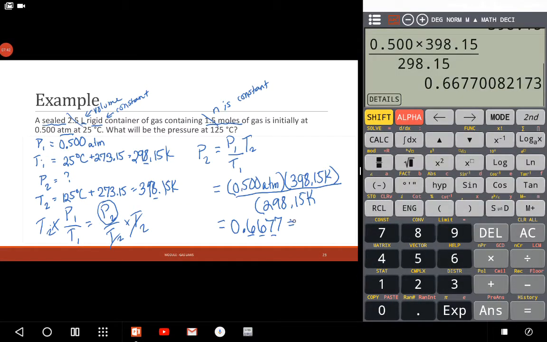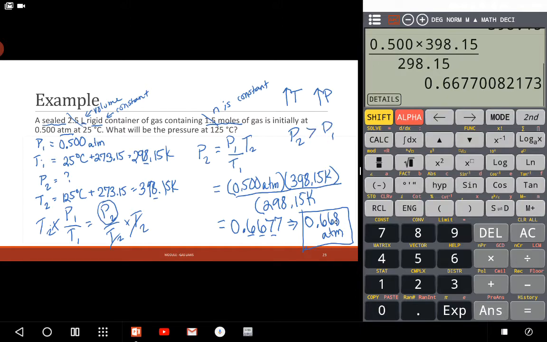So that's going to be equal to 0.668 atmospheres. We also need to do a sanity check here. Since we know that our temperature is increasing, our pressure should also be increasing. That means that P2 should be more than P1.